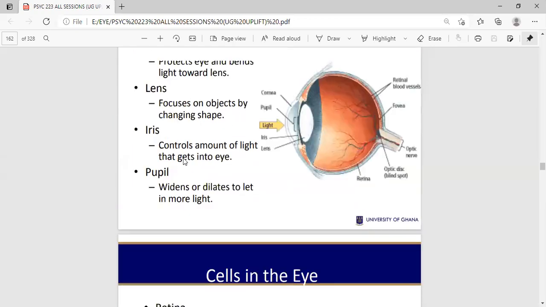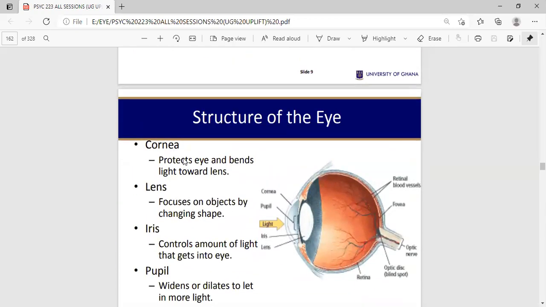After you pick information from the environment, first, it will go through several stages within the eyes. From the cornea, then to the pupil, then it will be projected to the retina.